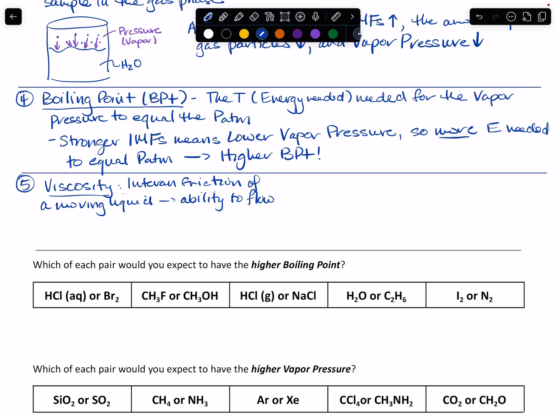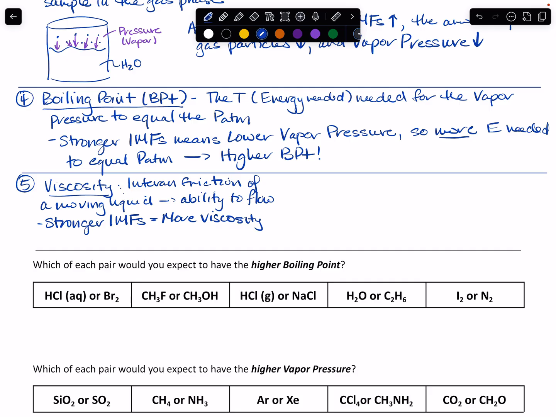When it comes to intermolecular forces, stronger IMFs equals more viscosity. Let's go back to, not ethanol, sorry, octane. Octane, a nonpolar molecule with London dispersion forces and weak intermolecular attractions, is going to have a very, very low viscosity.